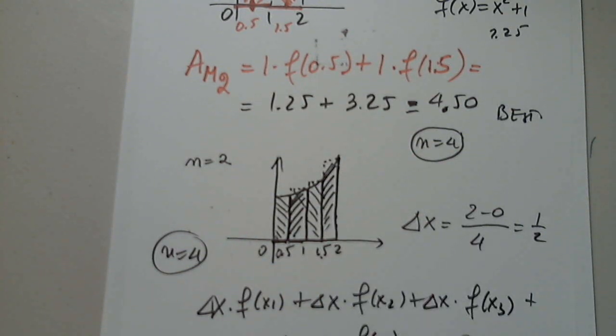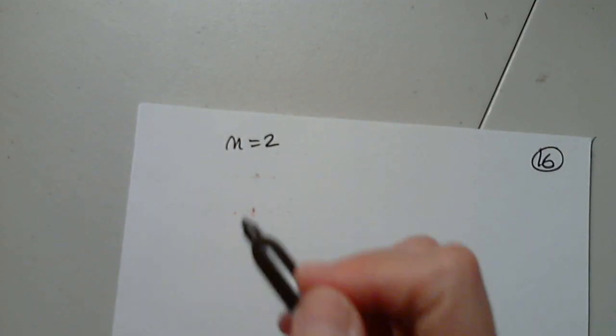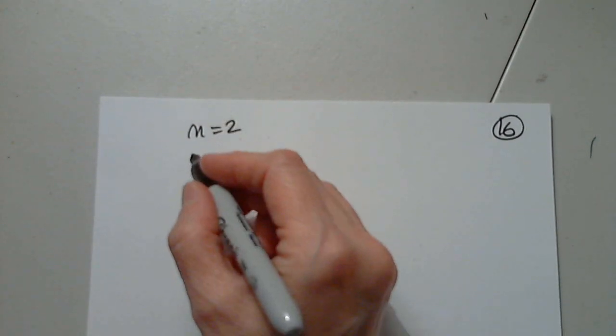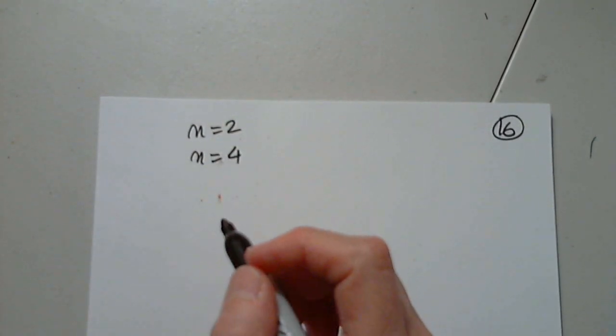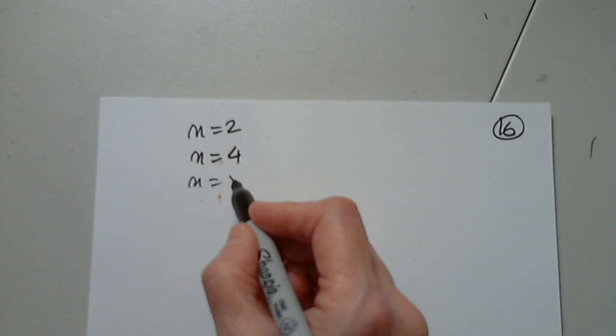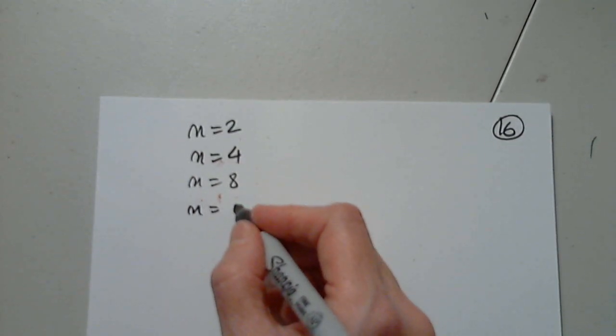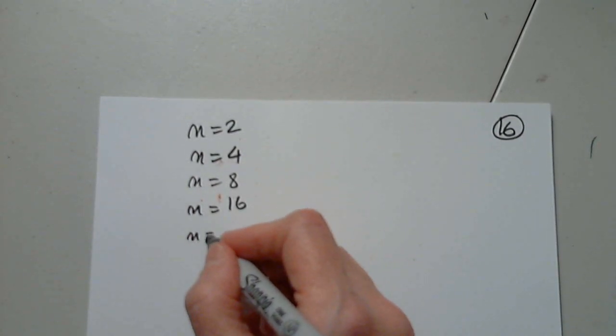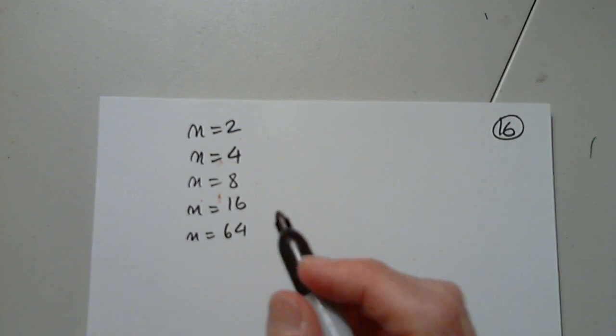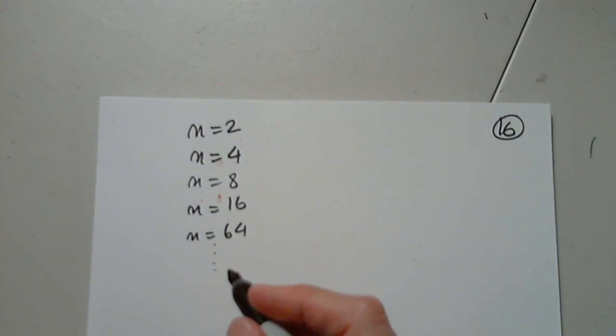Of course. Excellent. Stay with me. We did n equals 2. We did not, but we illustrated with 4. I want to continue with 8. Then I want to continue with 16. And then with 64. I jumped over 32, and so on and so forth.